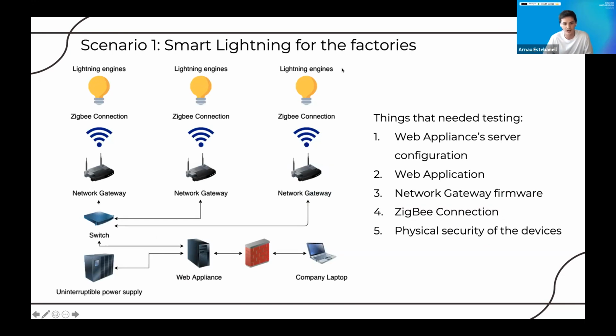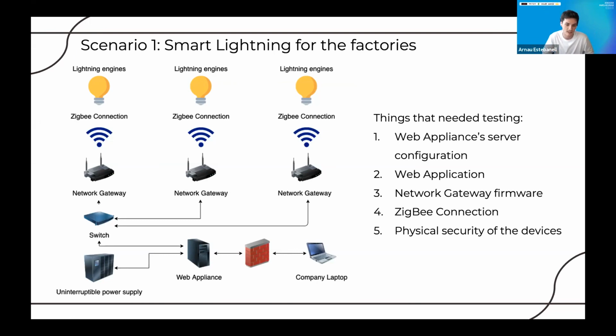So for you to understand, these were smart lighting panels, which are placed on the factories' rooftops. Depending on the light that comes from inside, they can change the amount of light that they are emitting, and also depending on the amount of sound and the footsteps that they hear, they can change the quantity of light that they need.